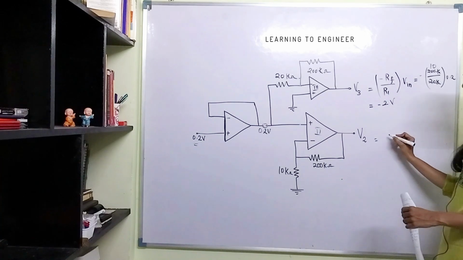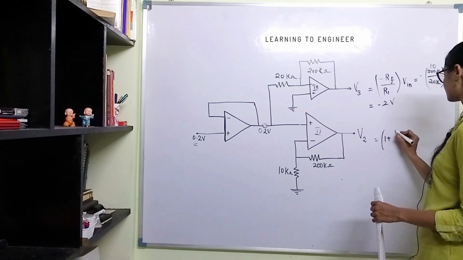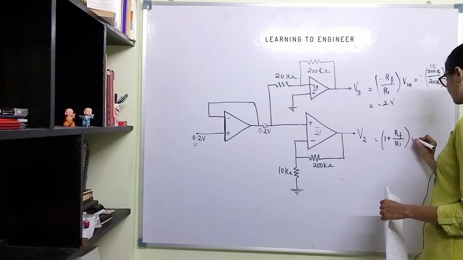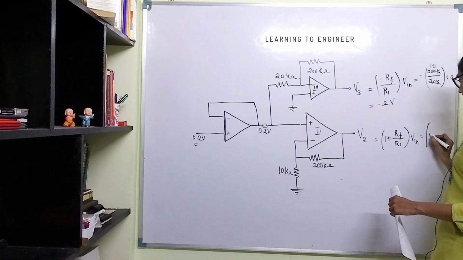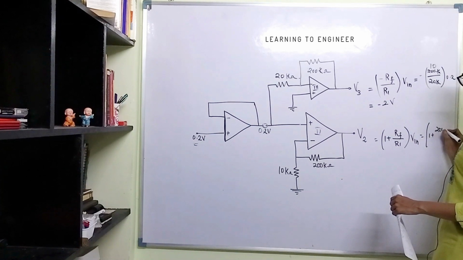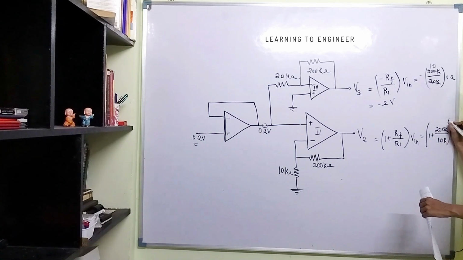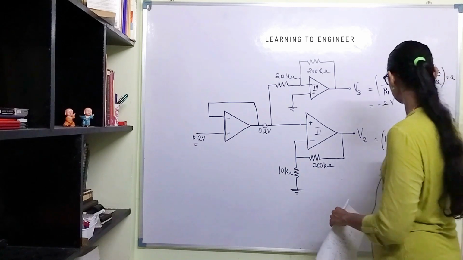What is V2? V2 is equal to 1 plus RF divided by R1 multiplied by Vn, which is equal to 1 plus 200 divided by 10 multiplied by 0.2. I have just written it on the top. So what is the value of V2?